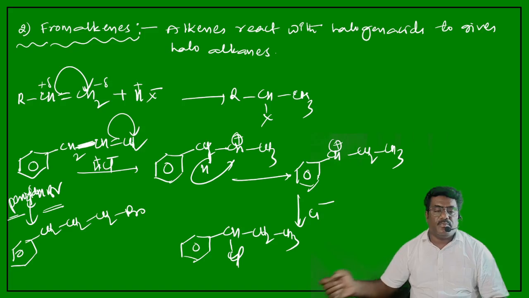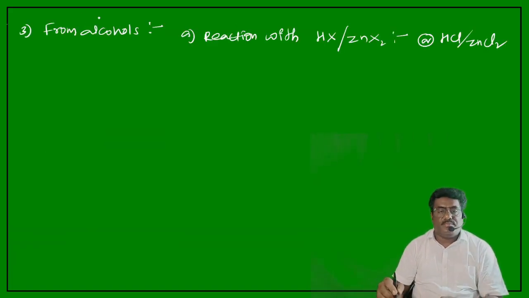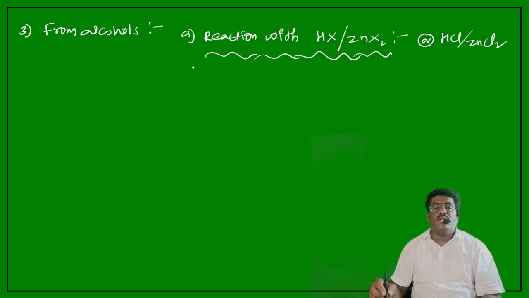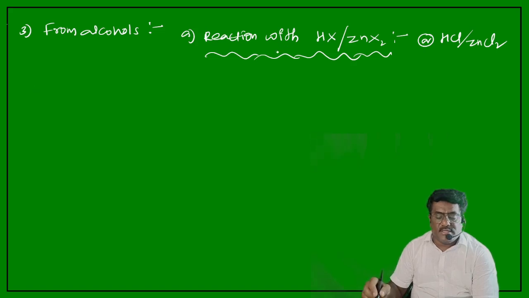Next, from alcohols. Alcohols react with hydrogen halide in ZnX2. It means HCl in ZnCl2. I am taking the example ROH, alcohol, in presence of H plus.